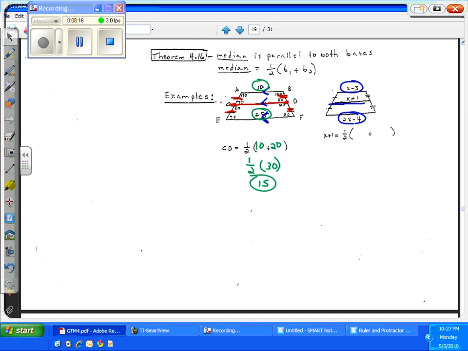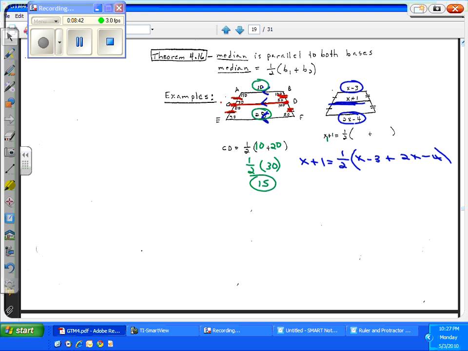I'm just going to write this bigger. Median x plus 1 equals 1/2 the sum of the bases, upper base being x minus 3, lower base being 2x minus 4. And we could actually solve for x, and we could find the median and both bases. Let's do that.